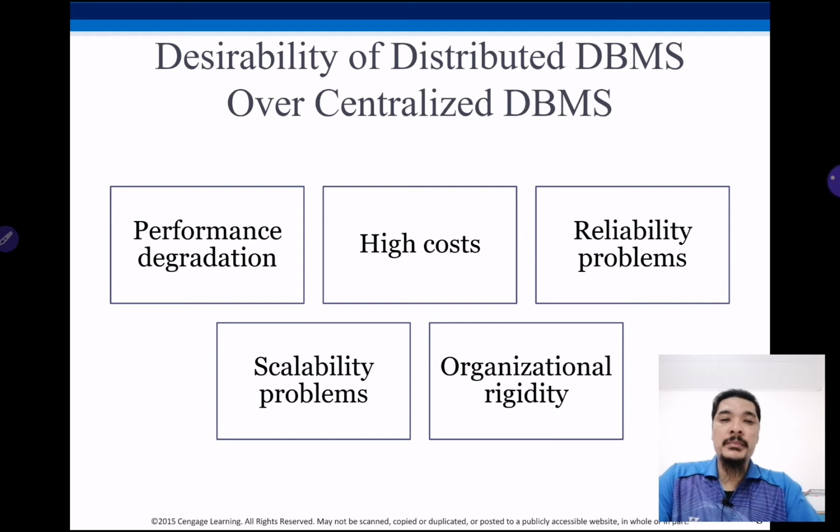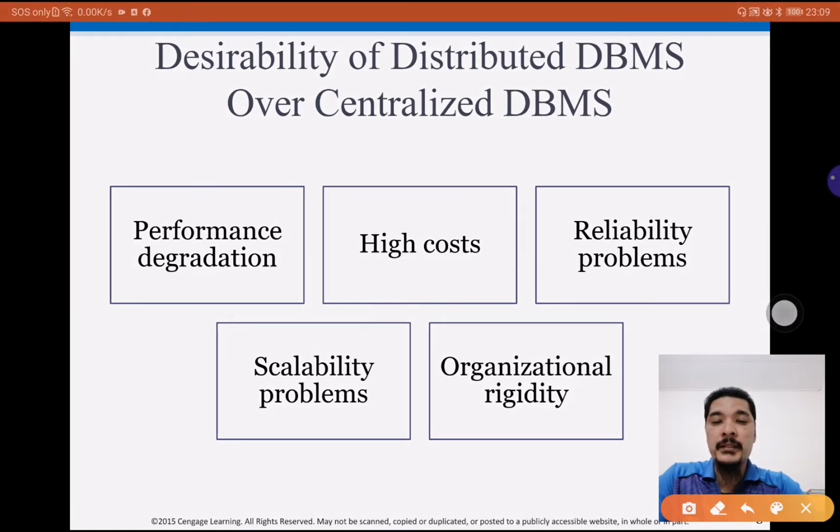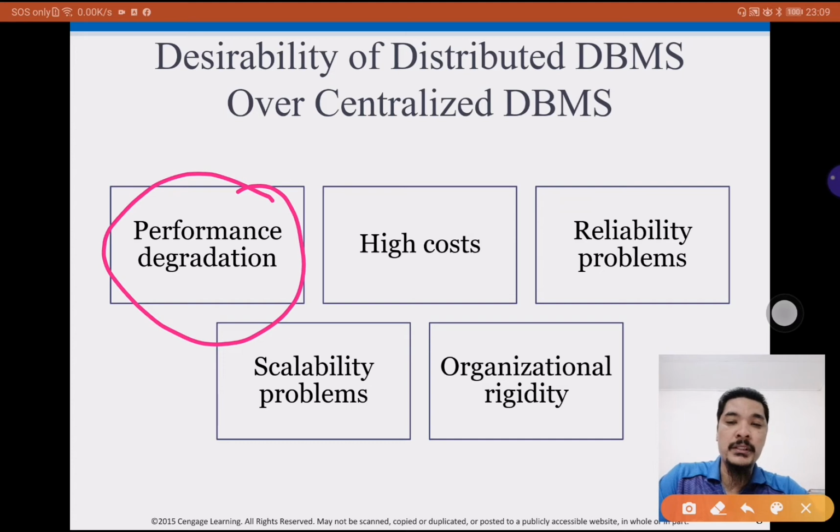Desirability of distributed database management system over centralized database management system. We want to see what the problems are. What are the advantages or disadvantages of distributed over centralized? Number one, performance degradation.